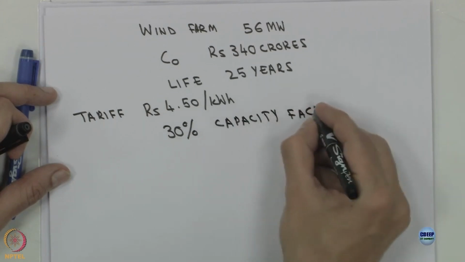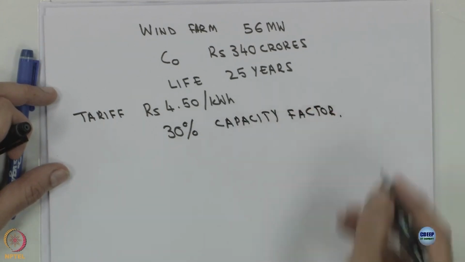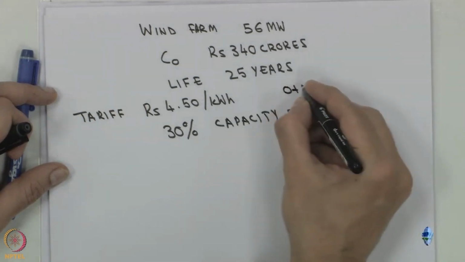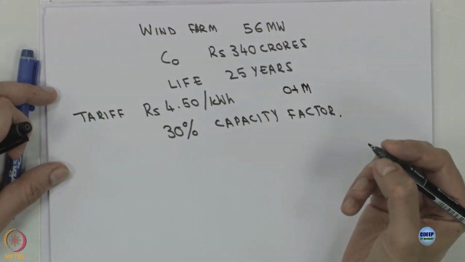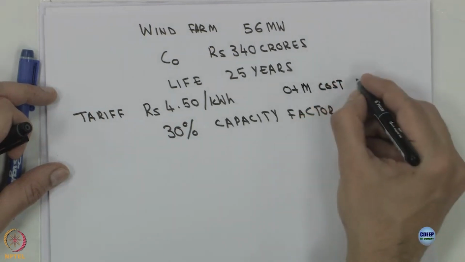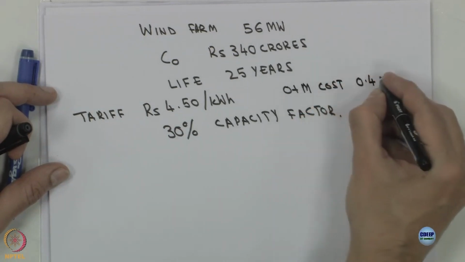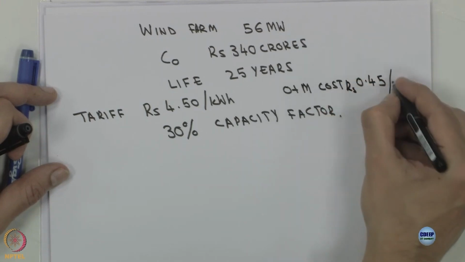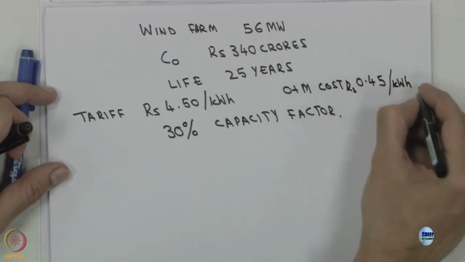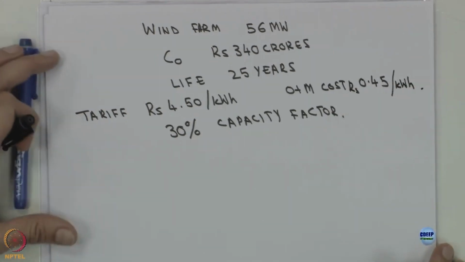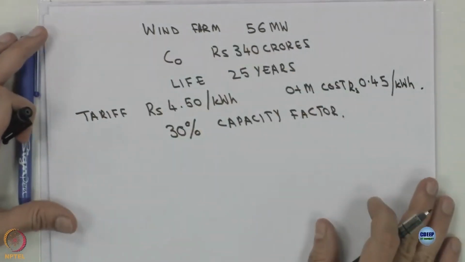This is all the relevant data, and then we have that annual O&M cost is variable. It depends on the amount of generation, and it's given to you as 45 paise, or 0.45 rupees, per kilowatt hour of generation.